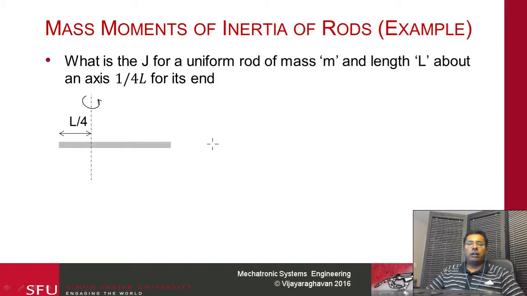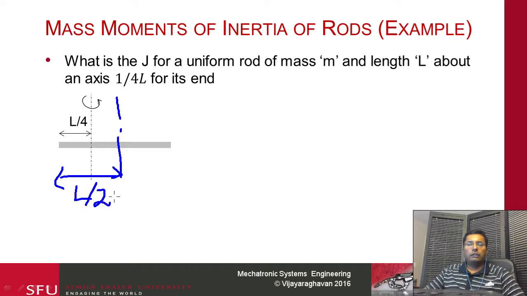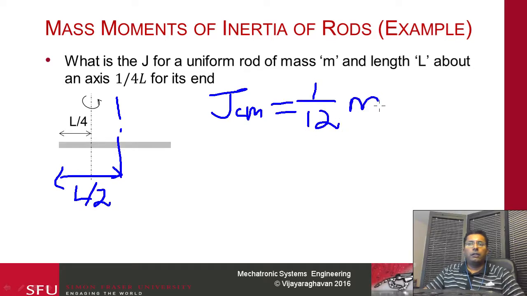So we are actually trying to do this by two methods. The first method is I'm going to take this beam and treat it as is. So I'm going to assume that I know the center axis over here. This is going to be at a distance L over 2. So this J_CM is 1 over 12 ML squared.